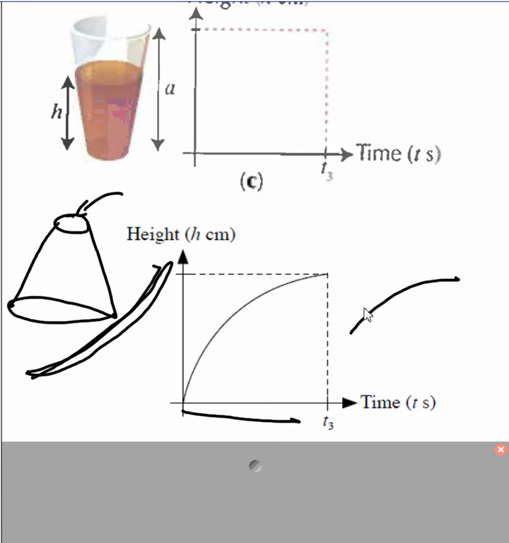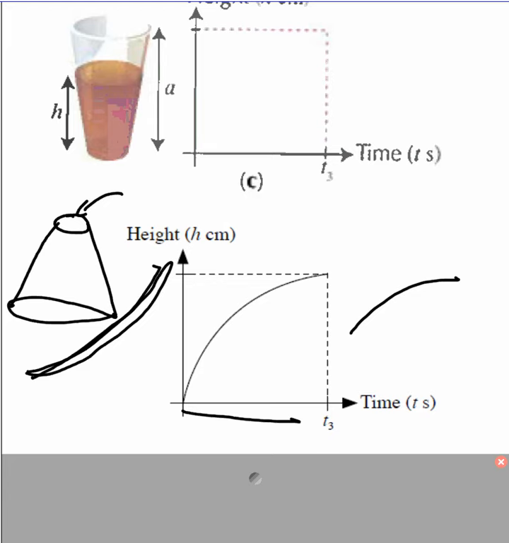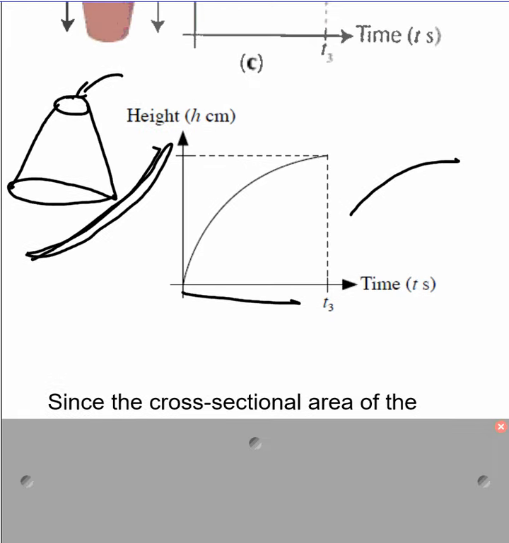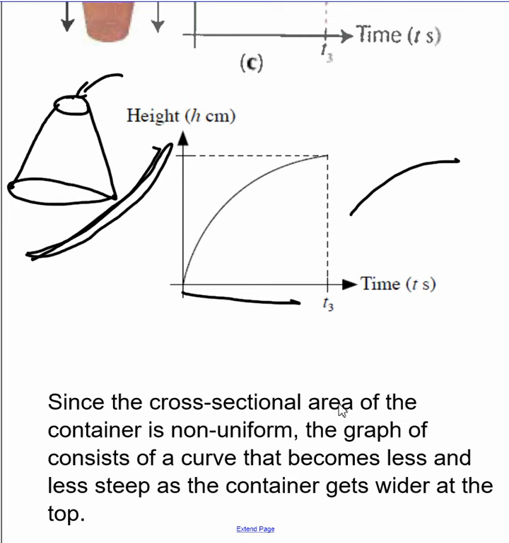Here the height is increasing, but at a slower rate. Here it is increasing at a faster rate. So if you have to describe this, you can say: since the cross-section area of the container is non-uniform, the graph consists of a curve that becomes less and less steep as the container gets wider.